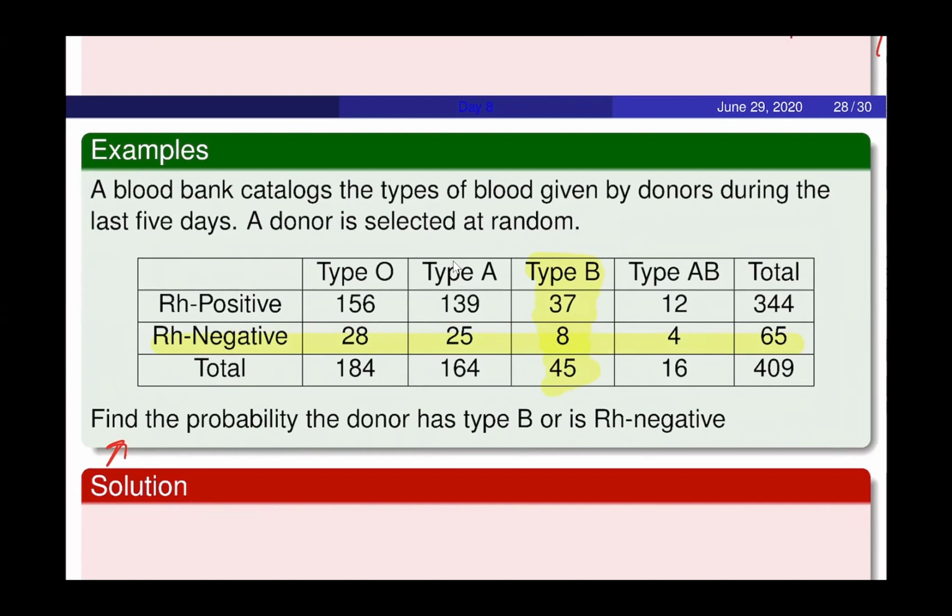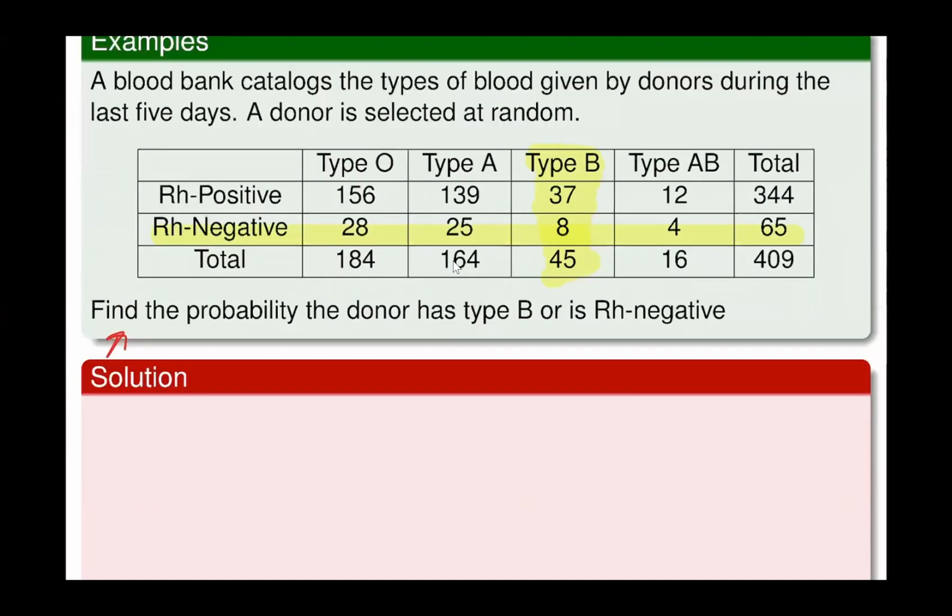So when I find the probability that they have negative or type B, you have to find the probability they have a negative RH, add it to the probability they have type B, and subtract the probability they're negative and type B.